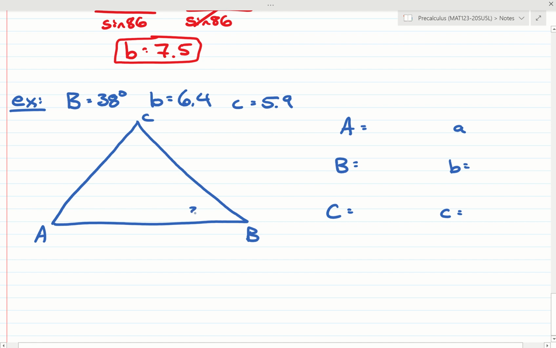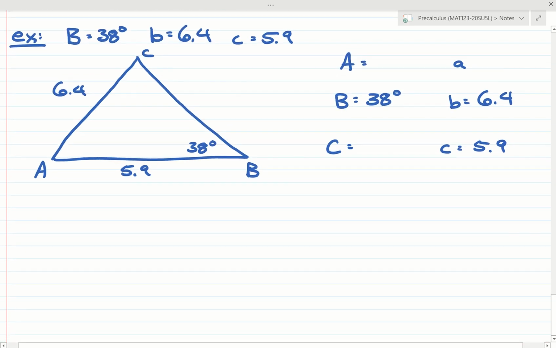So set everything up here: 38 degrees, B is 6.4, C is 5.9. And can we make a full fraction? The answer is yes, with B's, right?